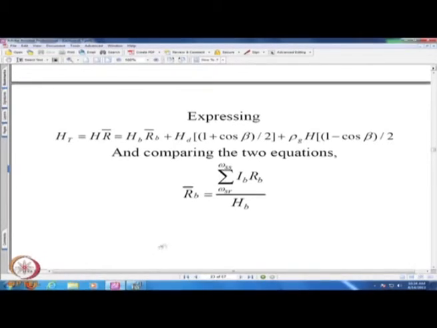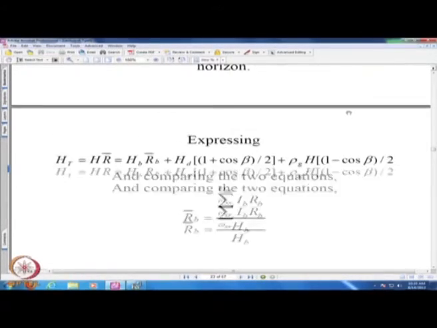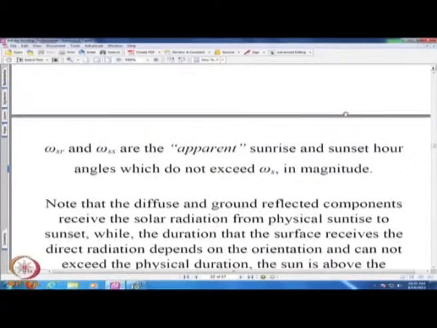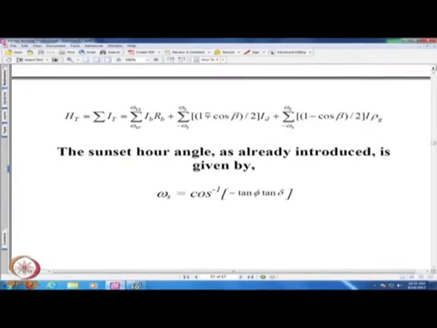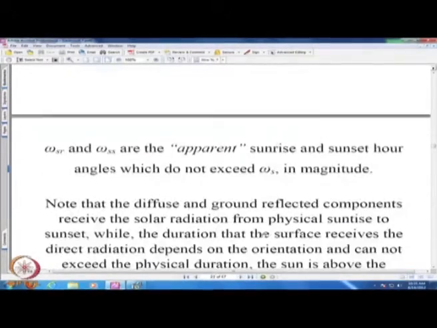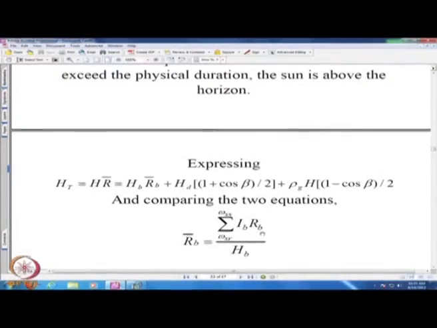In other words, if you equate sigma I_b R_b to H_b R_b bar, it follows R_b bar is the summation of I_b R_b over H_b. You can write it any way you like.